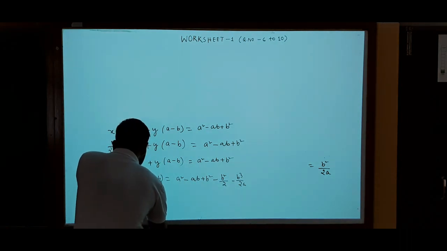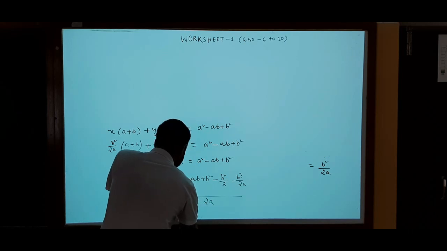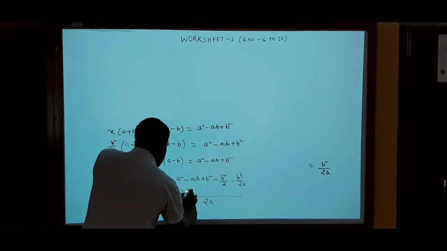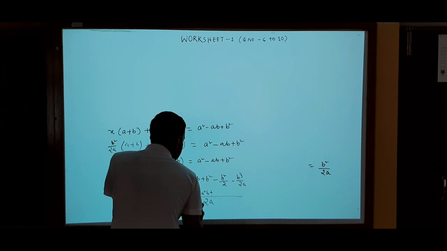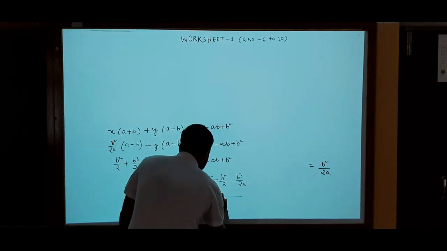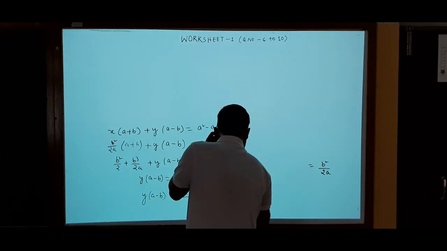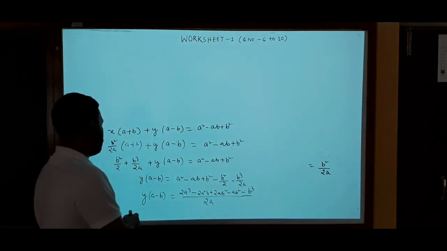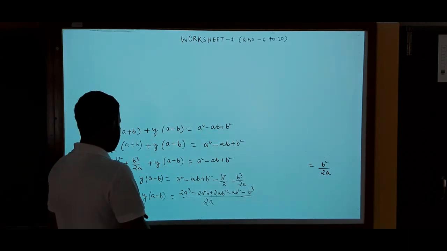So y into a minus b equal to, I will simplify this term. LCM is 2a, so I write here 2a cube, there it is, 2a square b, it is 2ab square minus ab square minus b cube. 2a cube minus b cube minus 2a square b plus 2ab square minus ab square, correct?